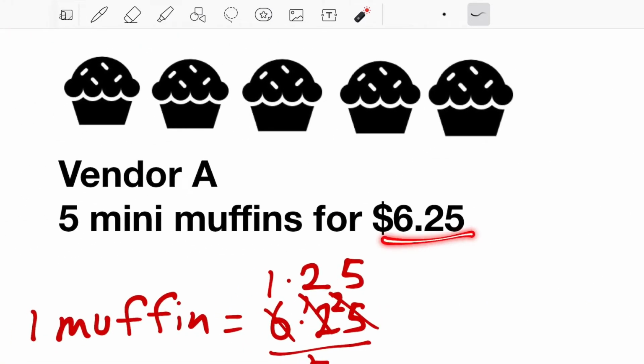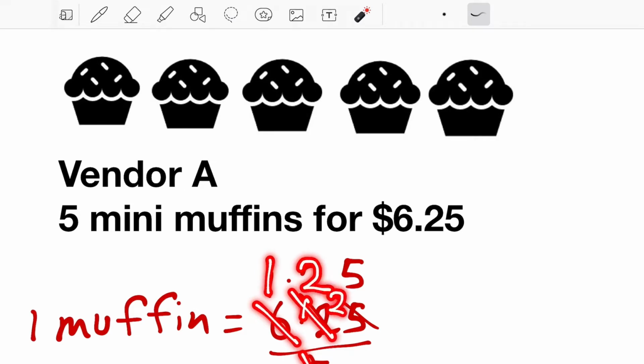So 625 divided by 5 will give us 125. So 5 into 5 is 1, 5 into 6 is 1, remainder 1. 5 into 12 is 2, remainder 2, and 5 into 25 is 5.